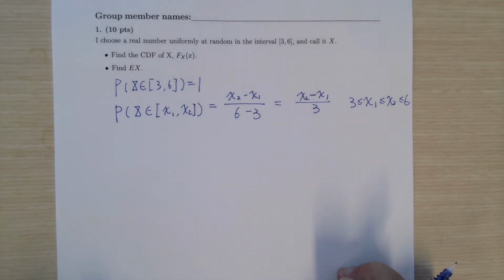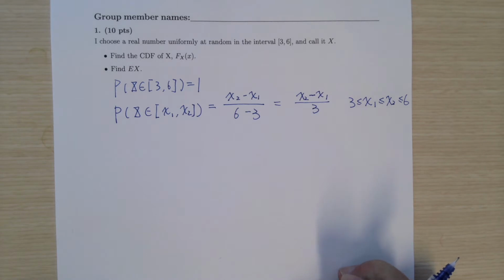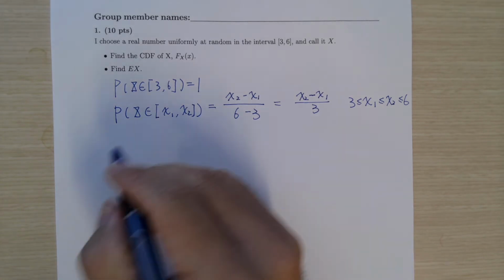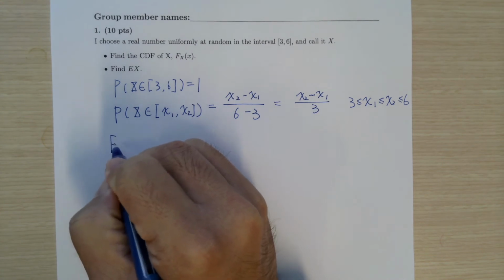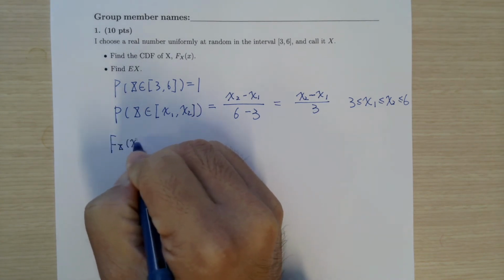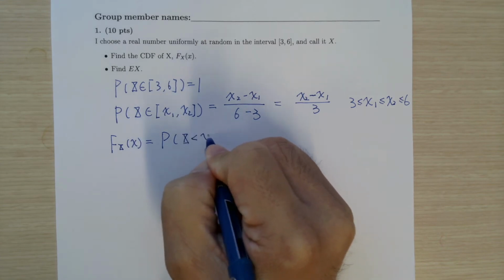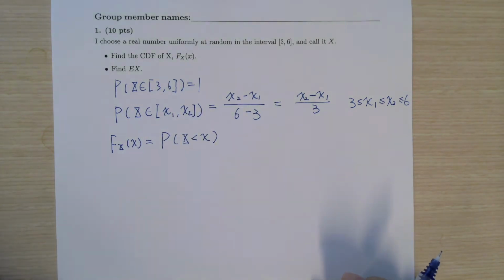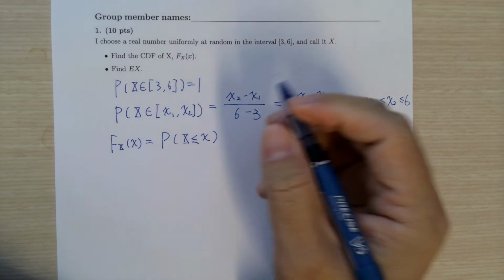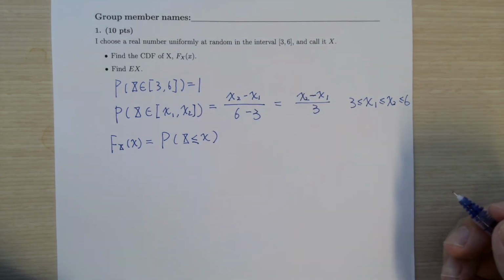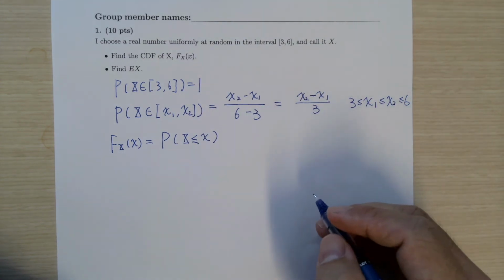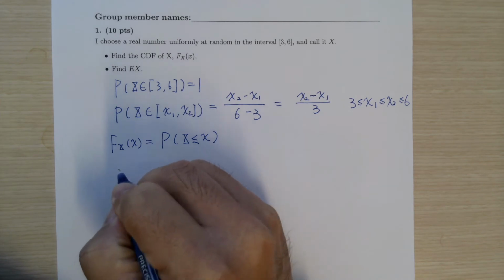So to talk about the CDF, the cumulative distribution function here, we know the definition, which is defined as the probability that X is less than or equal to s.